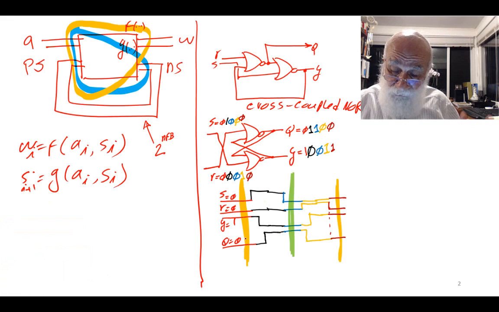Let's look at Q. Q is 0. In the green area, S is 0, R is 0. And look at my Q. My Q is 1. So what I'm really seeing is that for the same set of inputs, in one case my output is 0, in one case my output is 1.